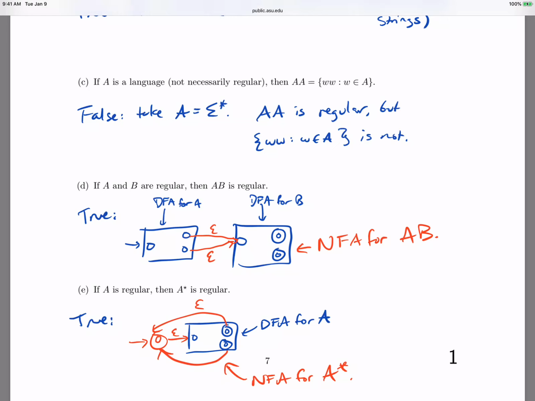So I did an example in a different direction, where I said we have closure under concatenation, so AA is regular, but WW for sigma star is not regular. I think I mentioned that in class. So that would be proof that they're not the same, always. Okay, any questions on C?